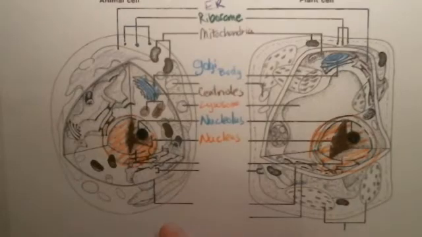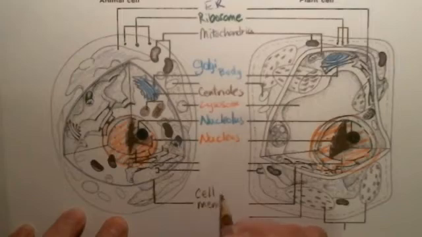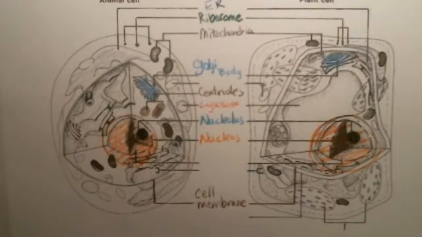Now, this next thing here, I believe it's pointing to chromatin. We're going to skip that particular part for now. This piece right here at the bottom is pointing to this inner layer called the cell membrane. It's also called the plasma membrane. The job of the cell membrane and the plasma membrane is to control the movement of materials into and out of the cell.